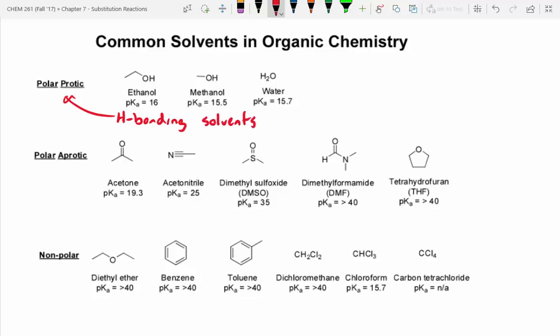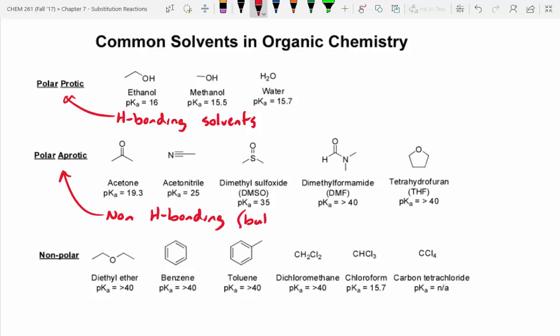There are some cases where we may want to use hydrogen bonding solvents. Polar aprotic solvents, on the other hand, are non-H bonding. This was handed out a while ago with the common bases and solvents. If you need an extra copy, it's on the class website, but polar.